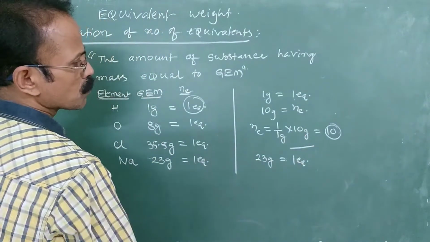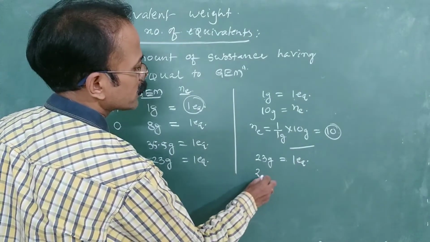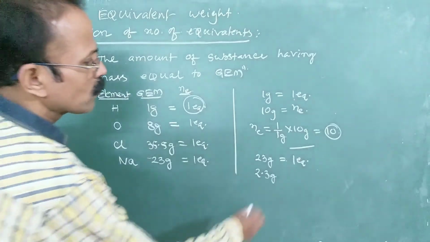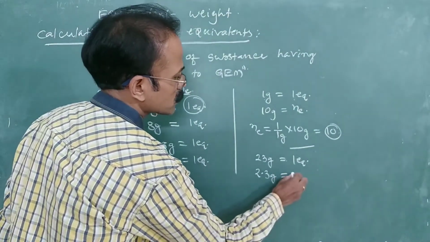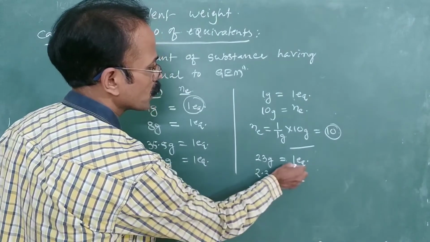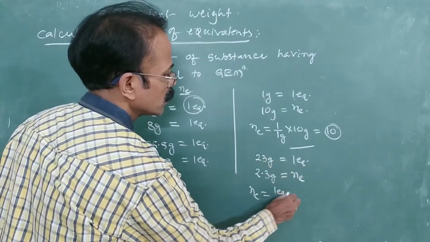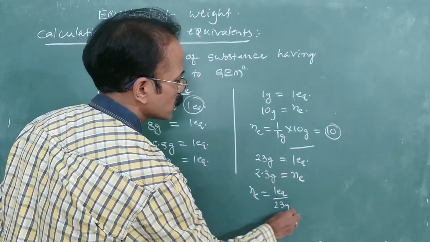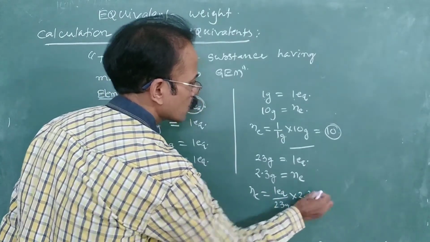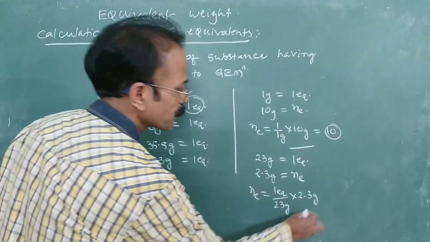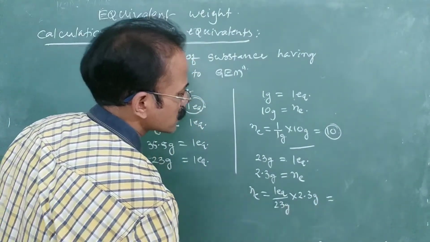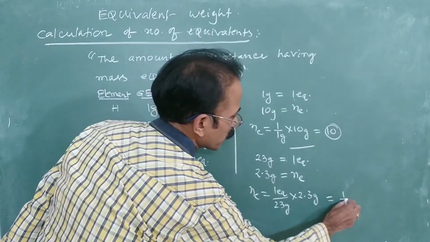Suppose 2.3 grams of sodium are there, then the number of equivalents, let us say Me. Now the number of equivalents is equal to what? 23 grams is equal to 1 equivalent. 2.3 grams of sodium will be equal to how many equivalents now? So that will be equal to, this will cancel 10 times here, 1 by 10.